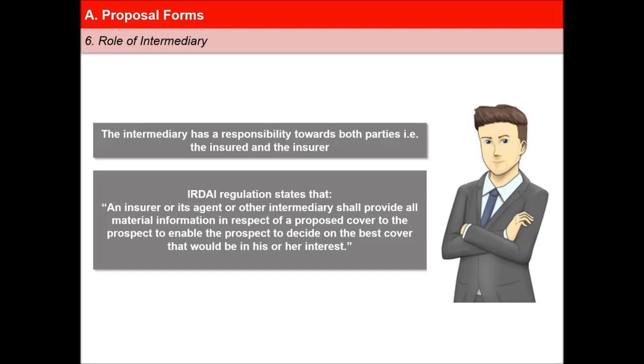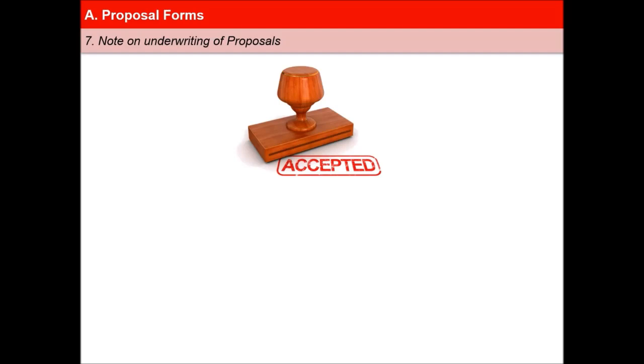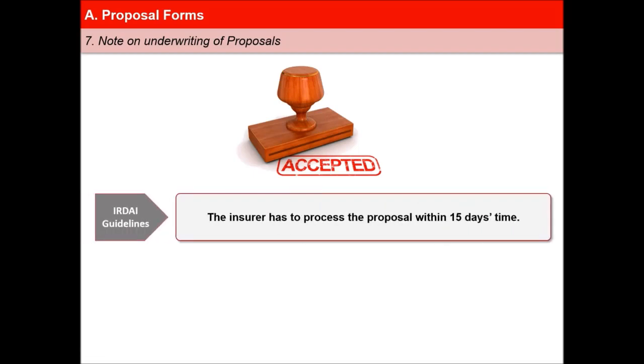After filling the proposal form, if it is accepted, then the proposals are processed by the insurer with speed and efficiency, and all decisions thereof are communicated in writing within a reasonable period. As per IRDAI guidelines, the insurer has to process the proposal within 15 days' time.